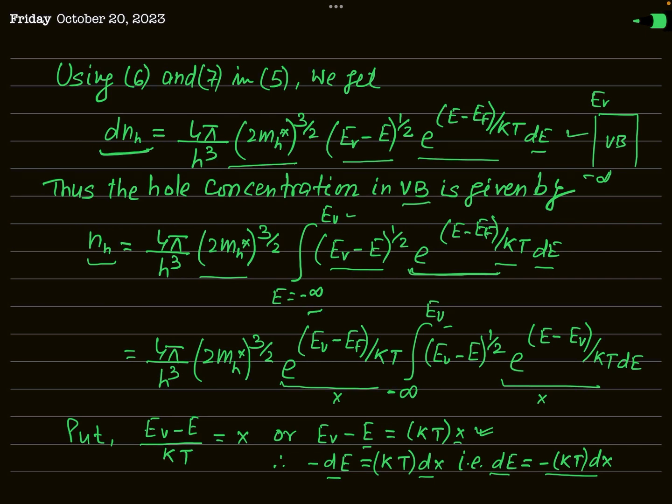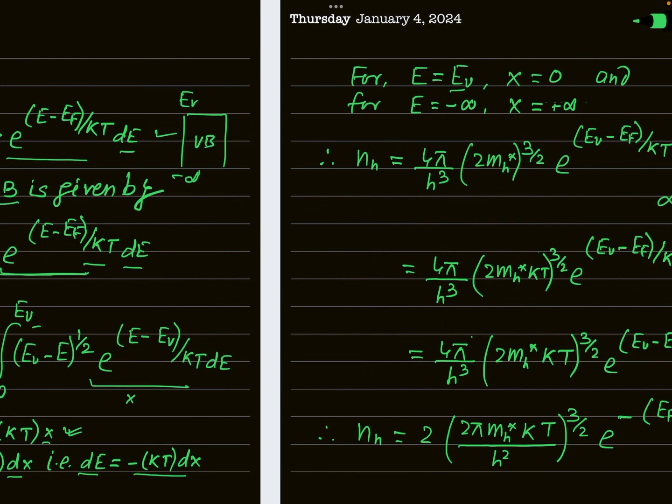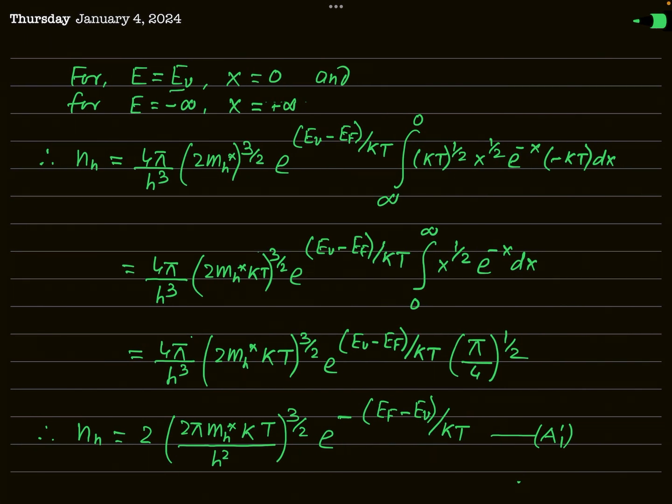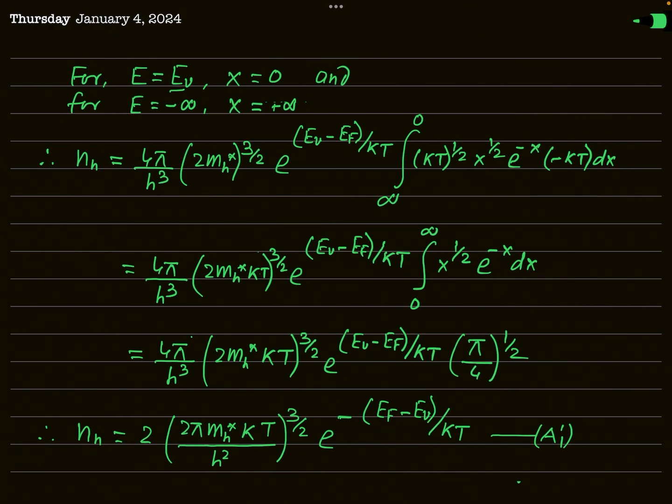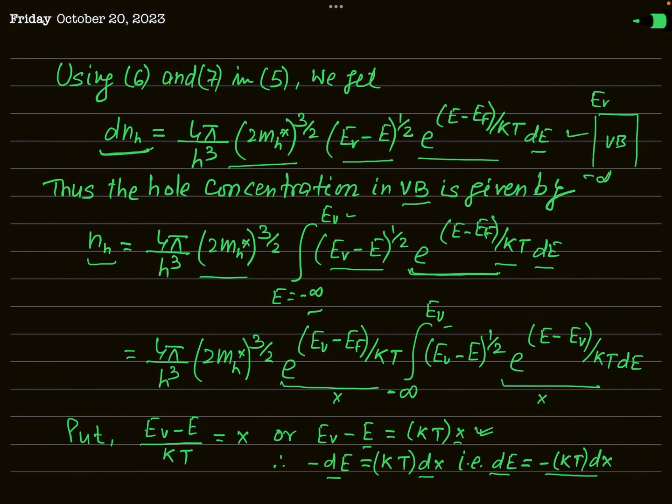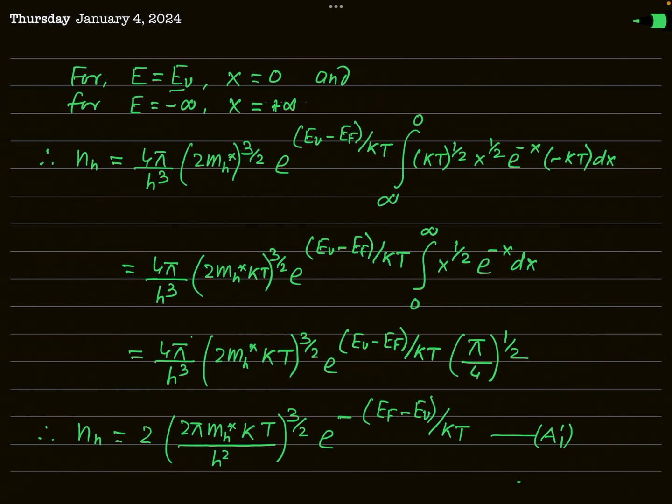And when E is equal to minus infinity, then x will be equal to plus infinity, because here there will be a minus sign and minus minus will become plus, so x will be plus infinity.